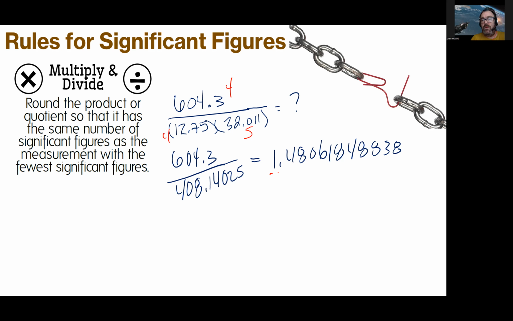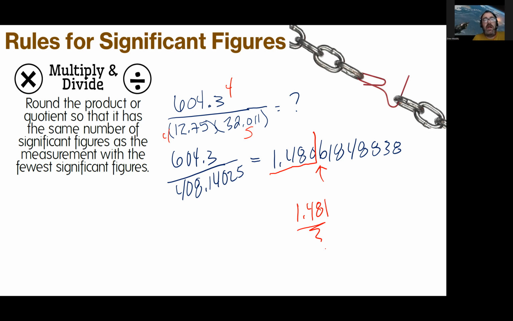The next digit is a 6, so we round the 0 up to a 1. Our actual answer is 1.481. Does that make sense?